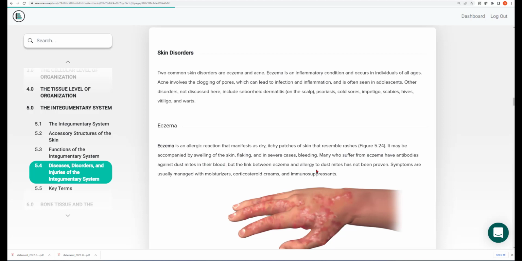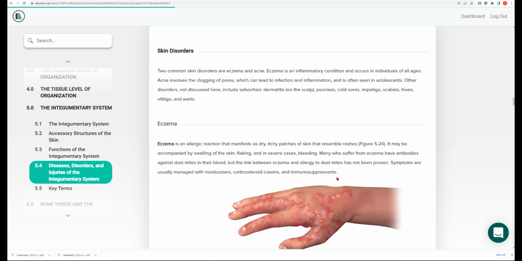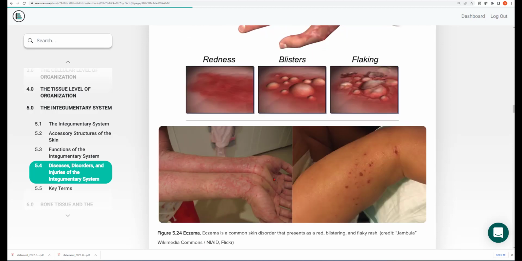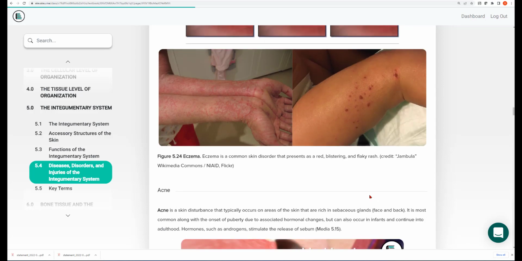Others are just some sort of allergy of sorts, and individuals have to use creams to keep it more moist, corticosteroids to keep the inflammation down, and some patients also go on immunosuppressants. You hear about these psoriatic arthritis type of things as well, sort of all related in a way. So individuals with eczema have large, rashy, dry areas, but it's not just a regular rash.